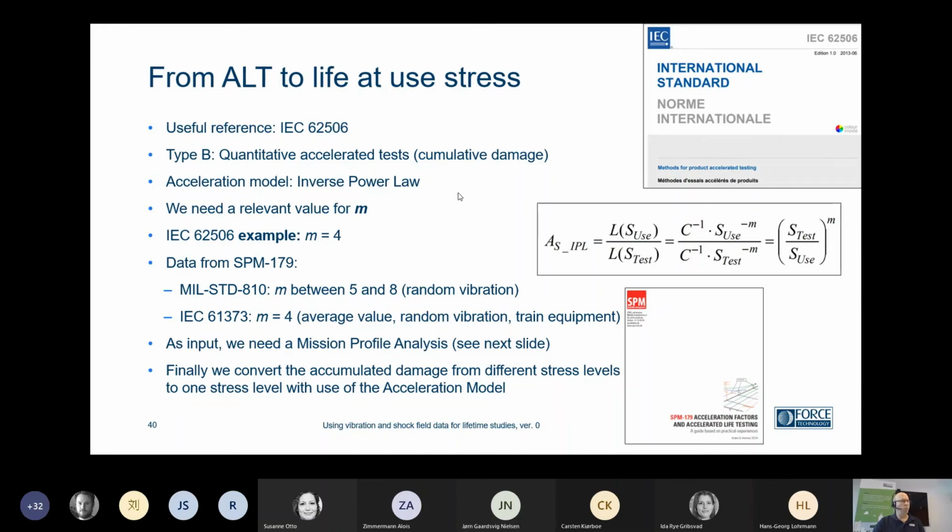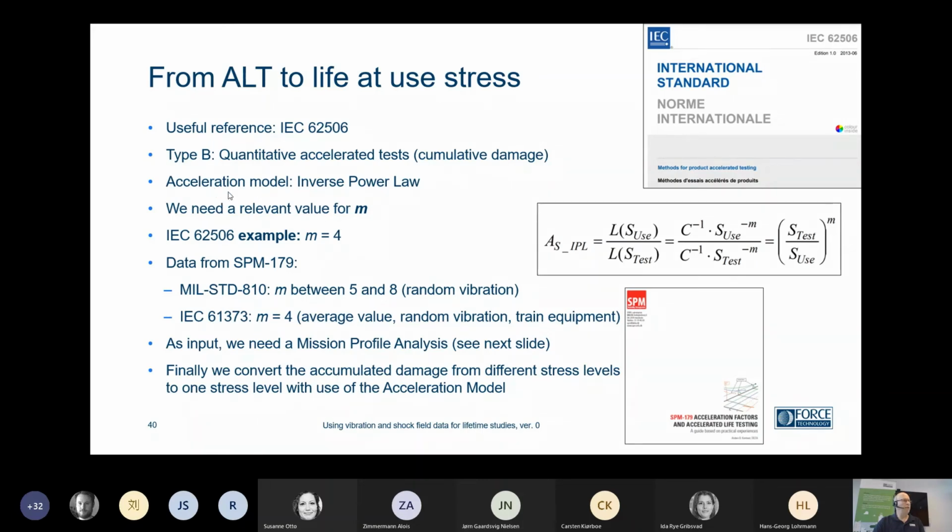That's where we work with what we have talked about here with cumulative damage. There's also a type A test called a qualitative accelerated test. That's kind of a robustness test, where we identify the weak points, but we don't get any idea about lifetime. So type B testing is what we use here.